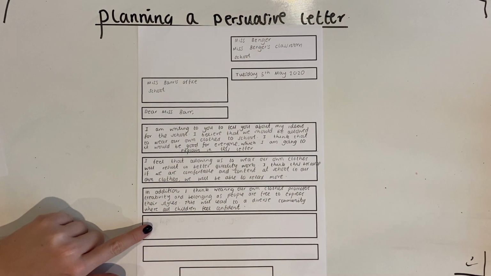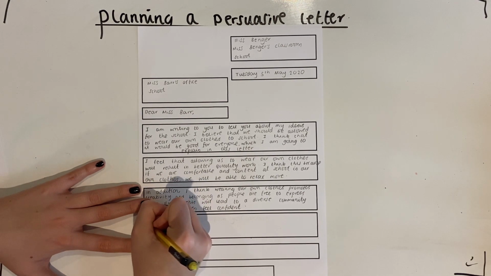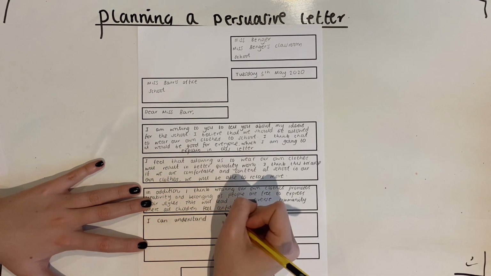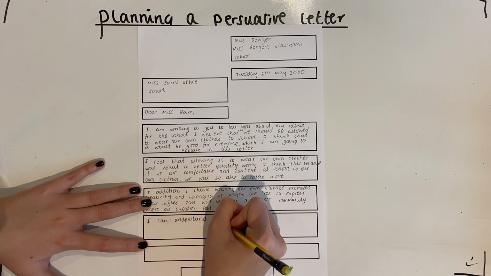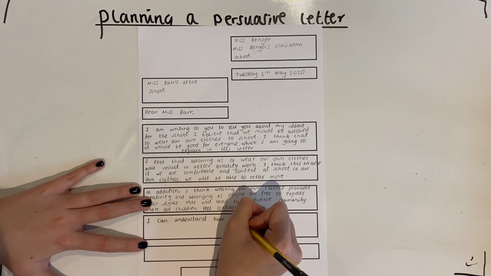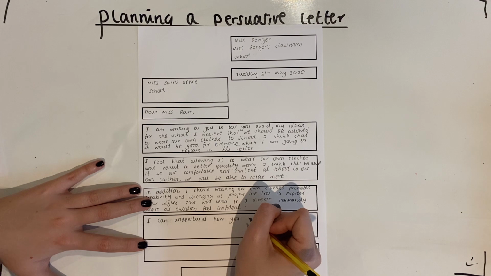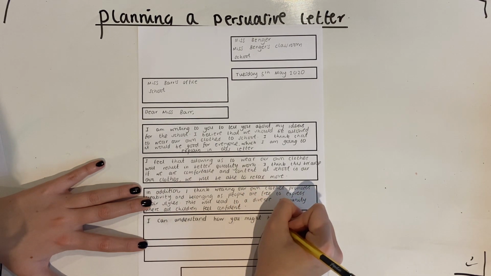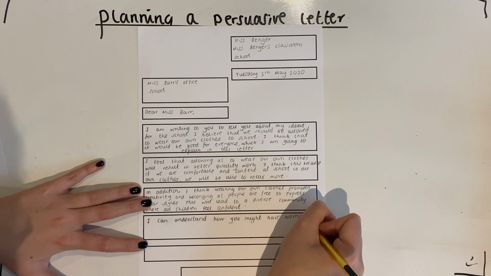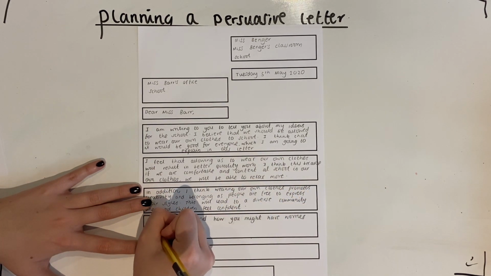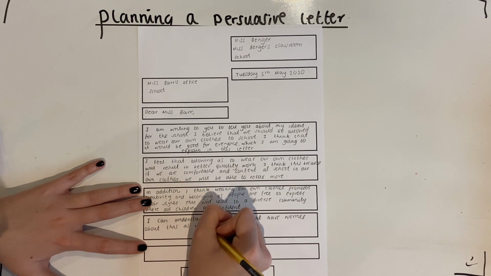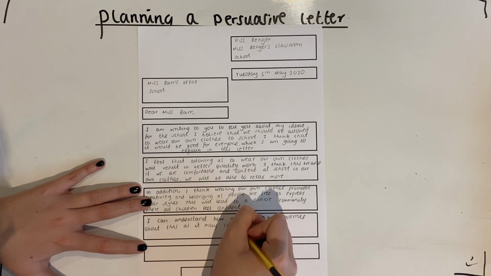Now we're moving on to our conclusion. This is the part where we're going to use our counterpoint, as it will be effective because it shows understanding and consideration towards the other side of the topic. I'll show you what I mean. Let's take a look. I'm going to write, I can understand how you might have worries about this, as it may cause distractions in class.